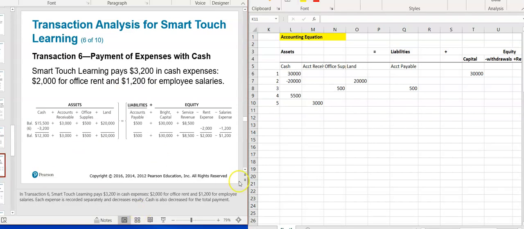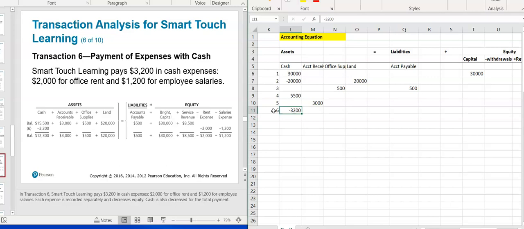All right, in transaction 6, Smart Touch Learning paid $3,200 in cash expenses, $2,000 for office rent, and $1,200 for employee salaries. All right, so cash is an asset. It's decreasing, so I have minus $3,200 in the cash side.